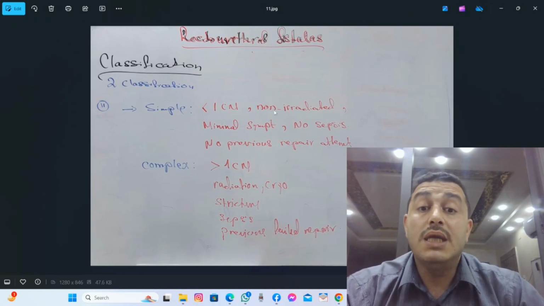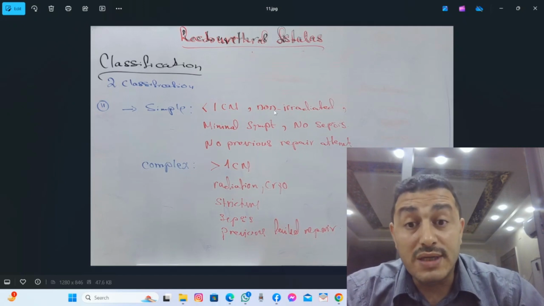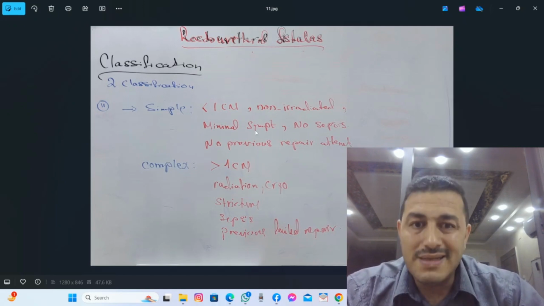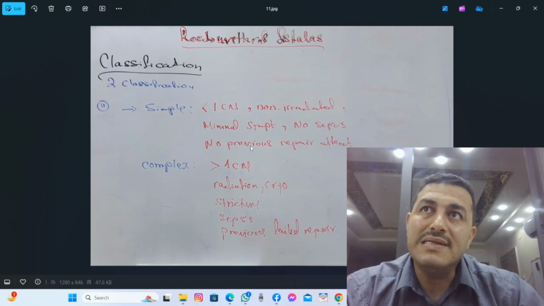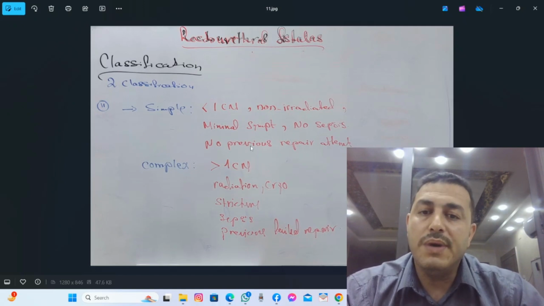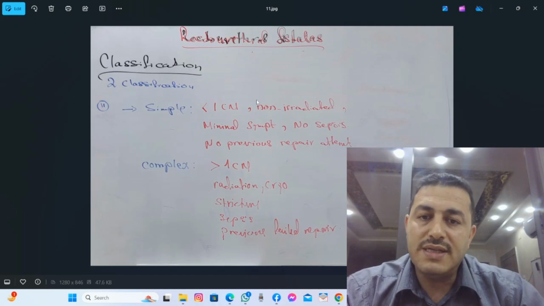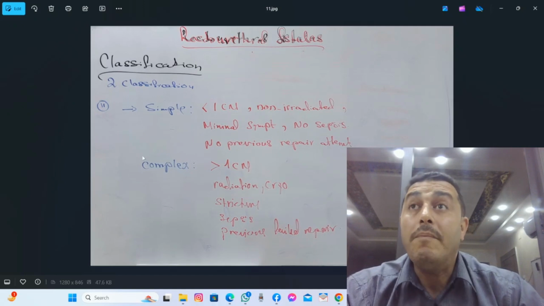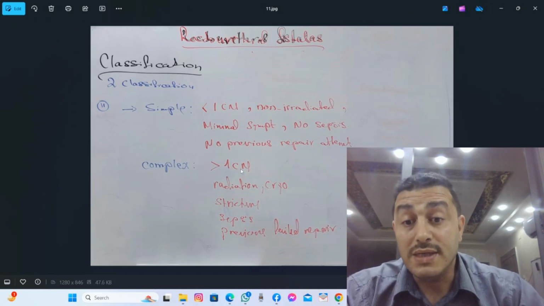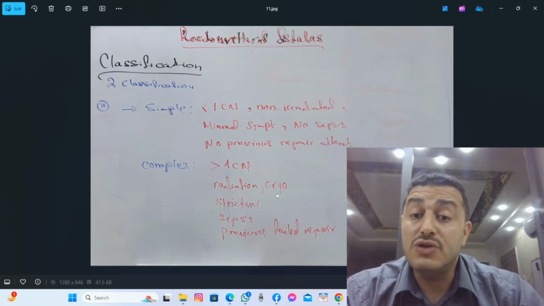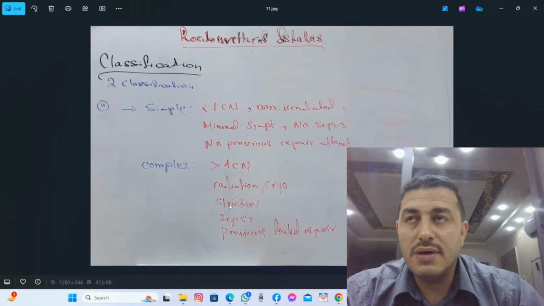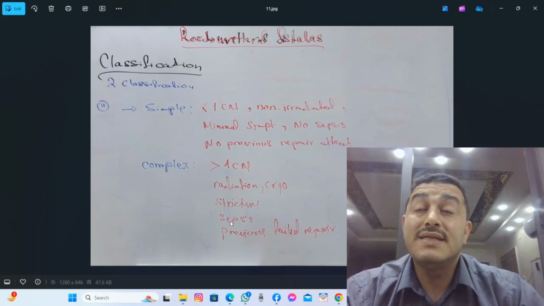The patient should be non-radiated, have minimal symptoms, no sepsis, and no previous attempt at repair. If any of these is not present, we are talking about a complex fistula: more than 1 centimeter, history of radiation, cryosurgery, stricture in the urethra or rectum, sepsis, or a previous failed attempt.